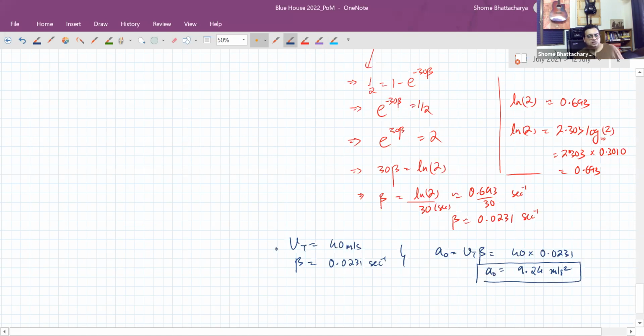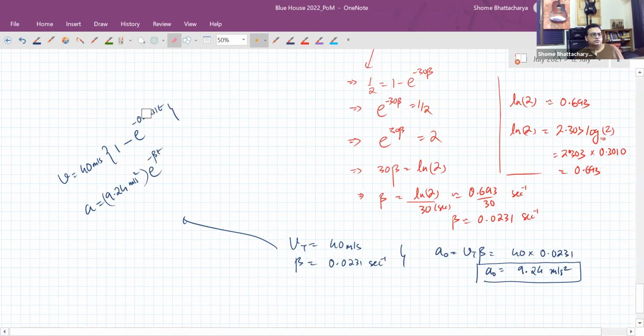So now from these things I know everything. I know velocity as a function of time is 40 meters per second into this factor. I know acceleration as a function of time is A naught into this factor.